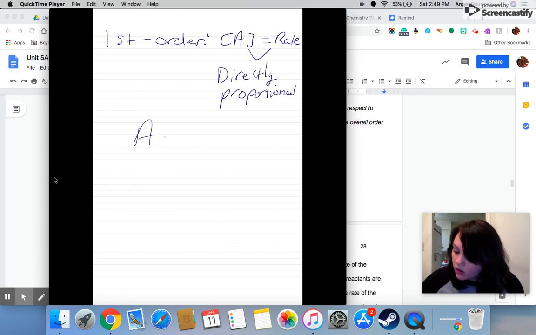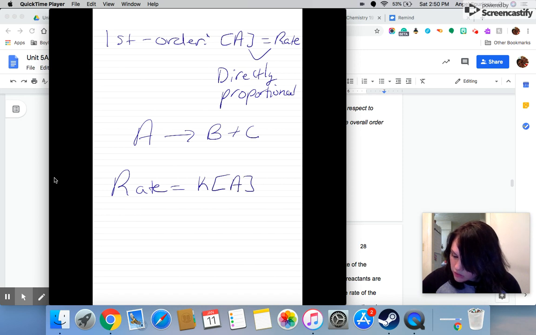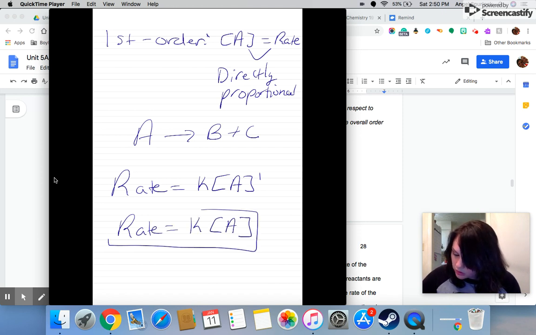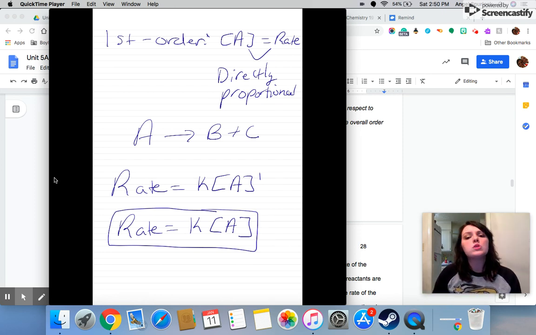In a rate law, for a similar reaction, it would look like this. Rate is equal to k times the concentration of A to the first. Or again, because we normally turn that 1 invisible and assume that everyone knows it's there, this is more likely what you're going to see for a first order reactant rate law.